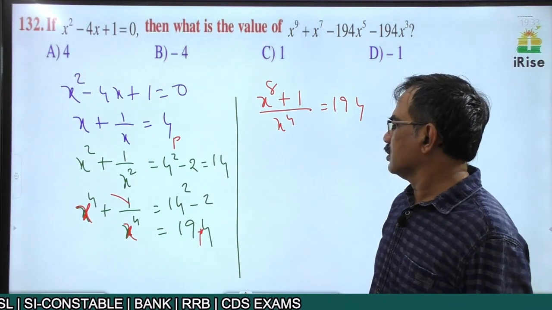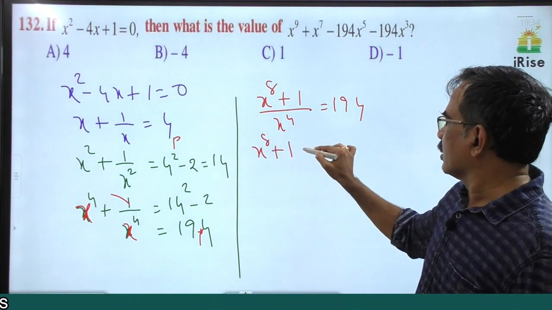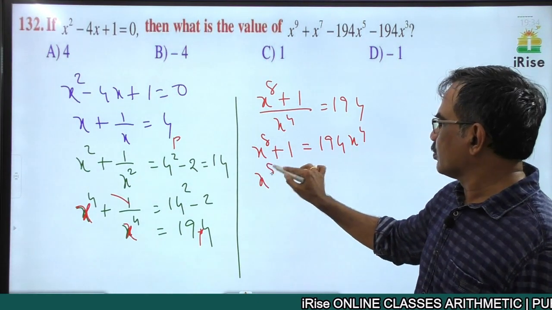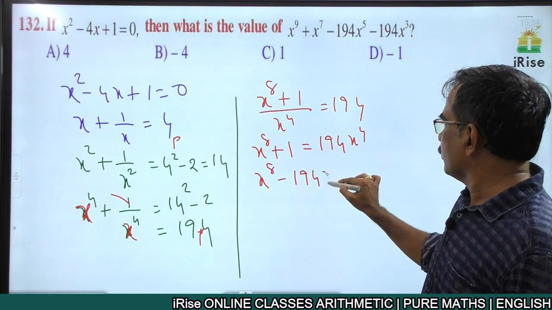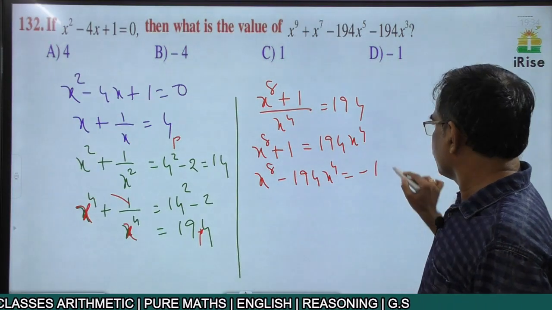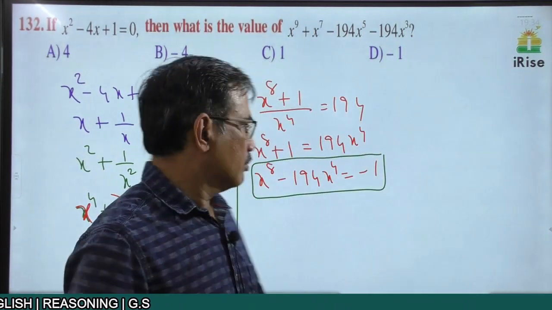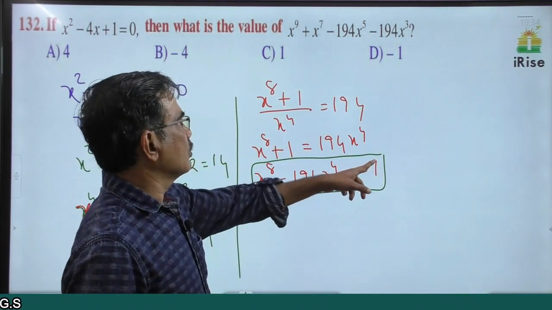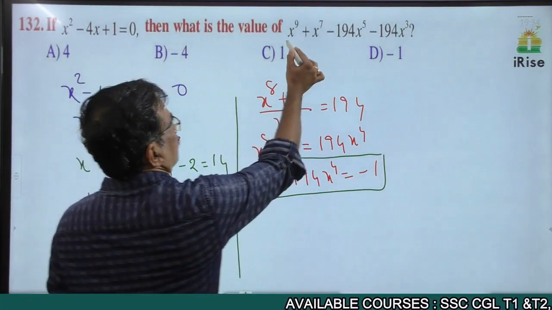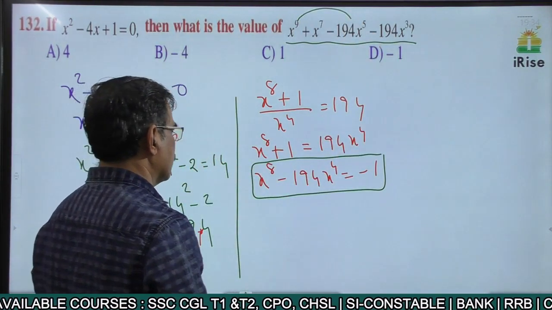Okay. So cross multiply: x power 8 plus 1 is equal to 194 x power 4. x power 8 minus 194 x power 4 is equal to minus 1. I want to use this. Then see the question. In this question, from these two, I want to take x common.